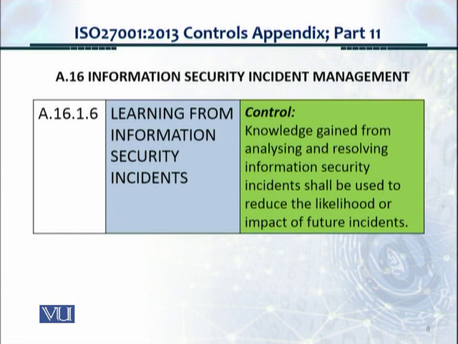Learning from information security incidents. This is very important because different people may be involved in the incident at different times, and we need to develop a knowledge base. And this could be done by maintaining a repository online, for example. Knowledge gained from analyzing and resolving information security incidents shall be used to reduce the likelihood or impact of future incidents.